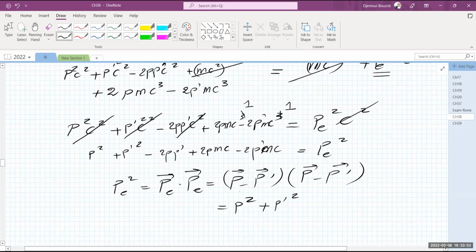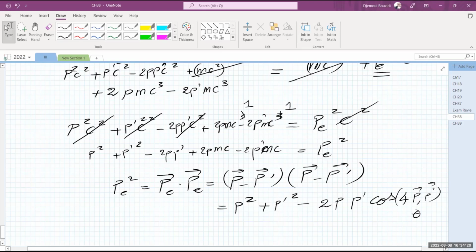But I have in here the cross product, and remember the dot product is commutative, so you can change the order, it doesn't matter because it's a cosine of the angle between them anyway. So it's minus 2 times P times P prime times cosine of the angle between P and P prime. And that's exactly theta.